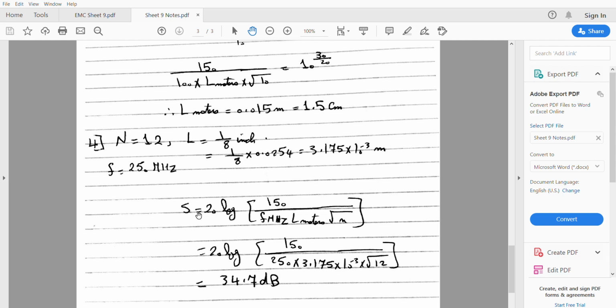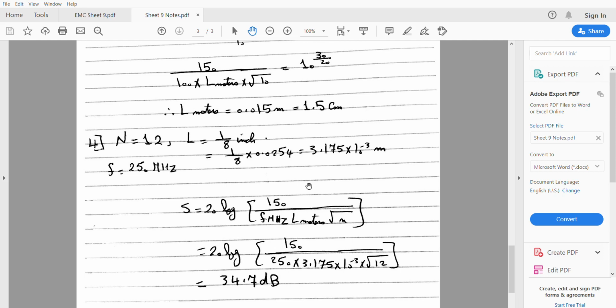So the shielding effectiveness is equal to 20 log of 150 over frequency in megahertz, multiplying by length in meter, multiplying by the square root of the number of holes. So all is given. All you need to do is to calculate the shield effectiveness. So frequency is equal to 250 megahertz.